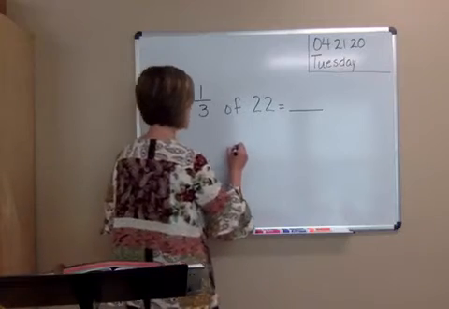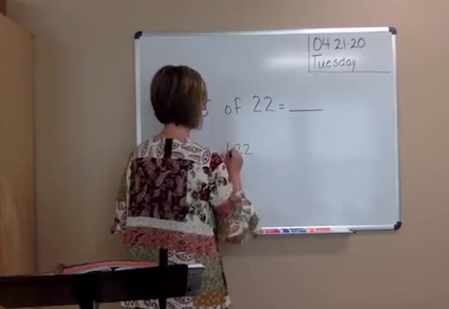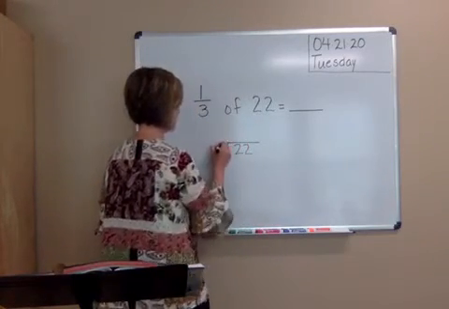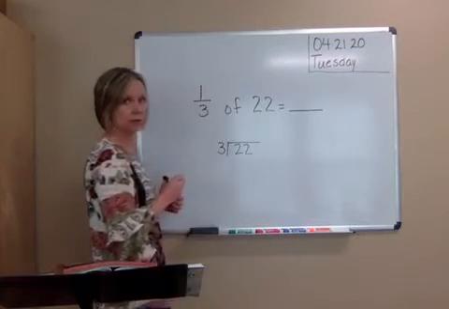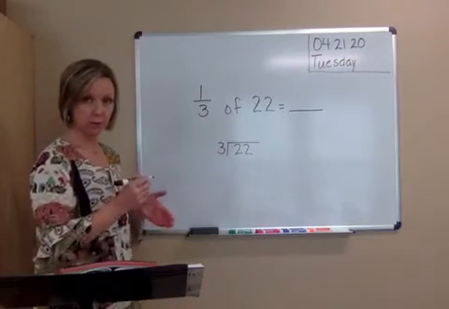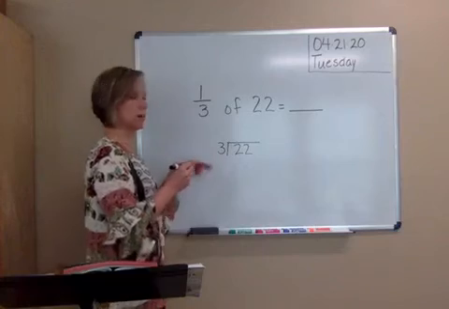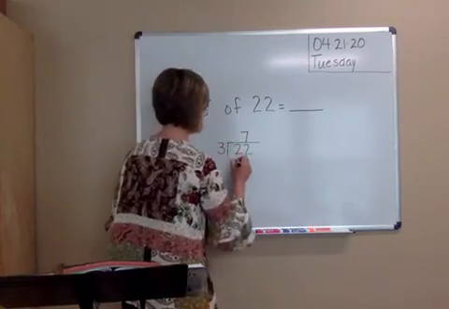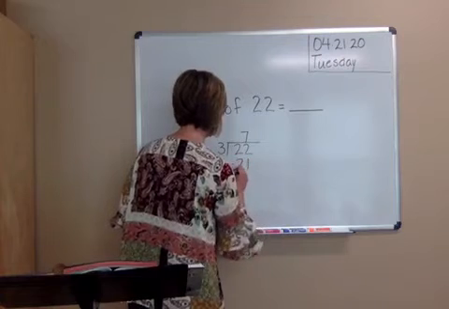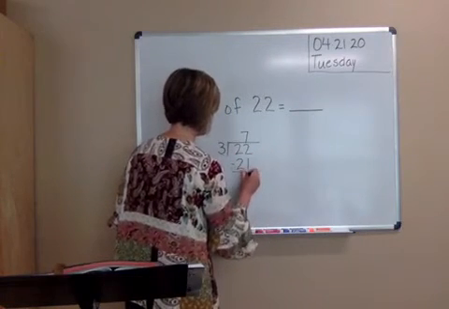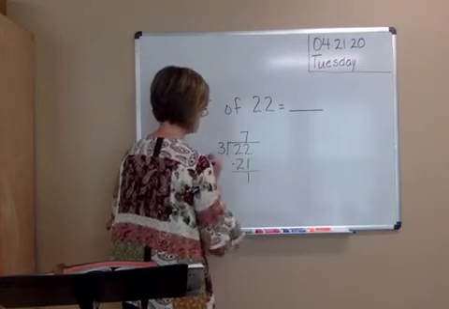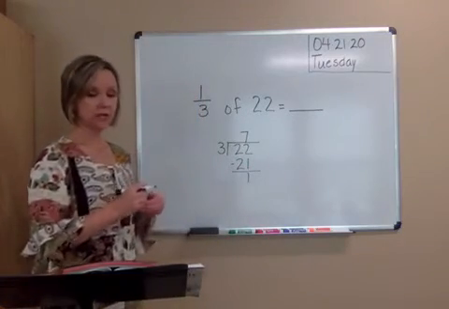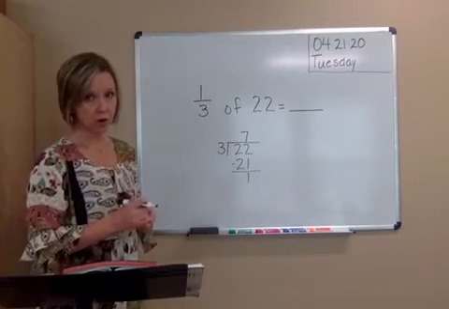So you would take 22, divide it by 3. How close can we get without going over? 21. 3 times what gives us 21? 7. 7 times 3 equals 21. We subtract. 2 minus 1 is 1. 2 minus 2 is 0. But the directions say find the fractional part.